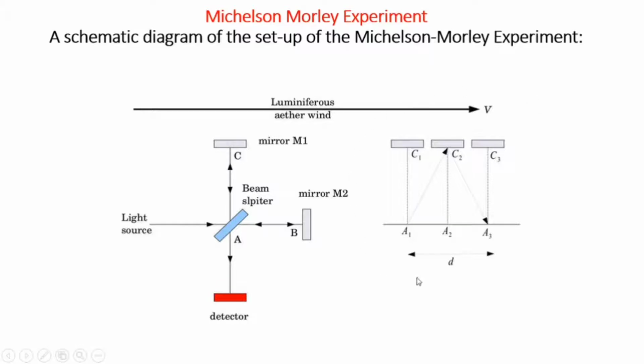The actual path traveled by the rays from light source to A, to mirror M1, A to mirror M2, again B to A, mirror M1 to A, and so on, is shown here. The total distance traveled by the ray from A1 to A3 is equal to D. It is shown in this small picture.